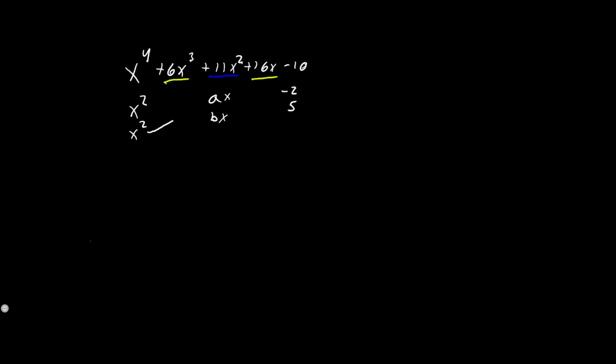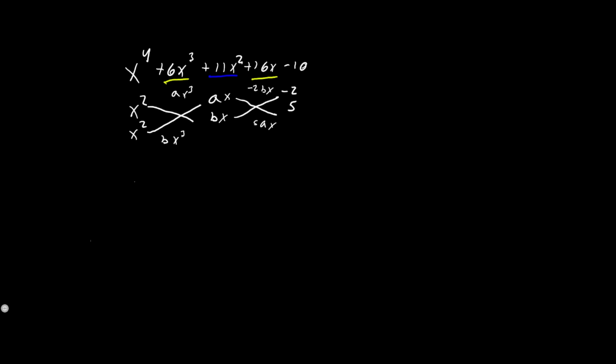And we're going to multiply x squared times ax, giving us ax cubed, and x squared times bx, giving us bx cubed. And we do the same thing on the right side, giving us negative 2bx and 5ax.